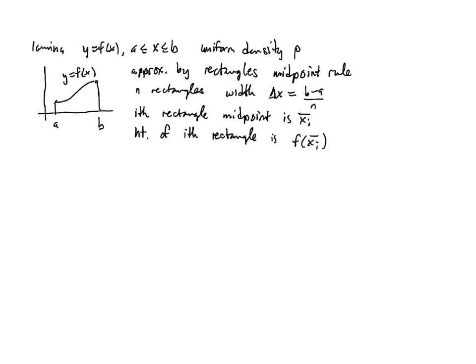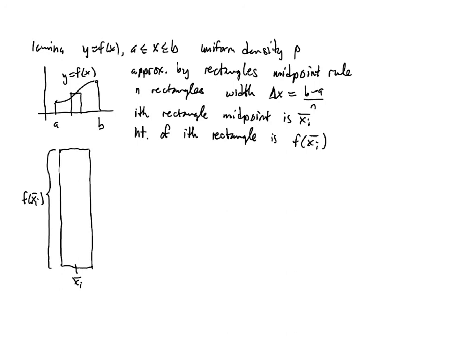And so in my picture here, maybe my little rectangle looks like this, which I'll look at a much larger version of over here. So the x-coordinate for the center of that rectangle is xi bar. The height of the rectangle is f of xi bar.